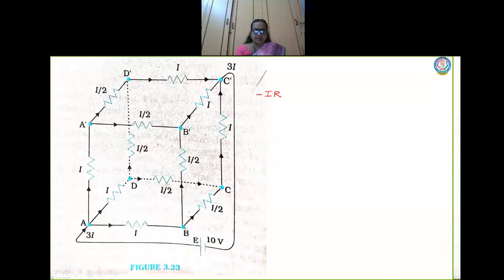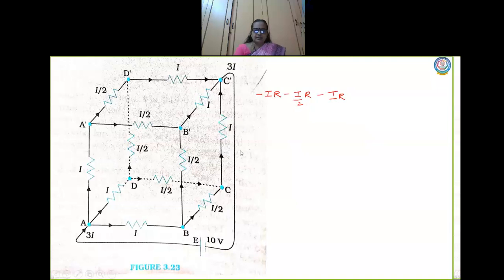So I will write again with a negative sign: minus I by 2 into R. Am I clear? Yes. Next, again the current is going in this direction. Again the resistance is R and the current is I, again with a negative sign. So I have minus IR.